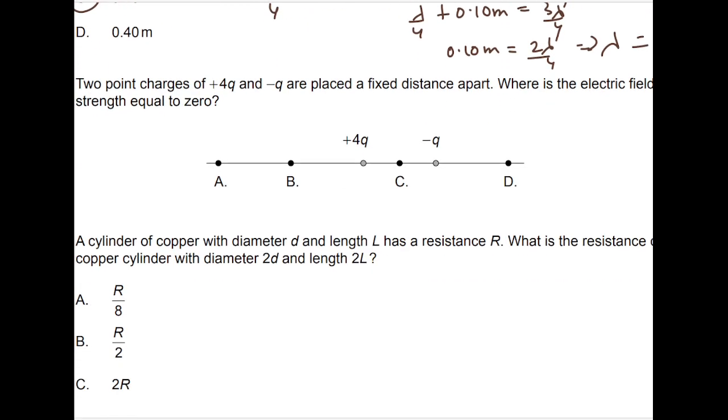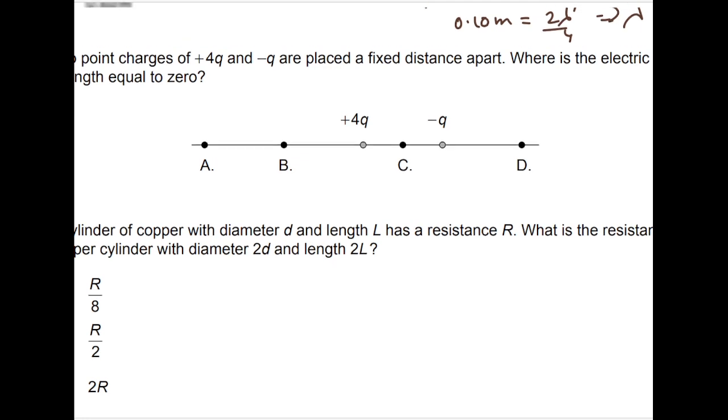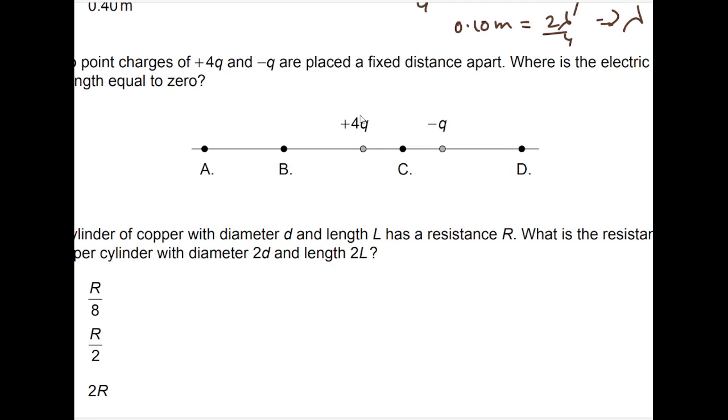Question number 15. We have 2 point charges, plus 4q and minus q, and they are placed a certain distance apart. Where is the electric field strength equal to 0? Now we see that this is a positive charge, so the field will be away from it everywhere, and from minus q the field will be closer.